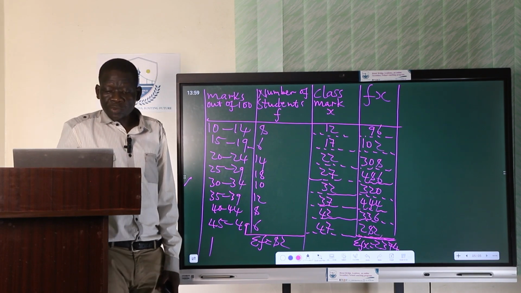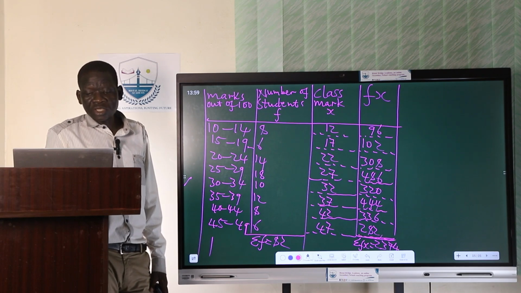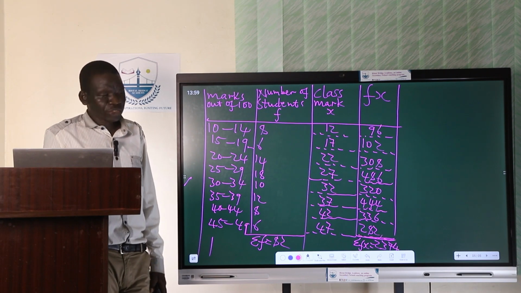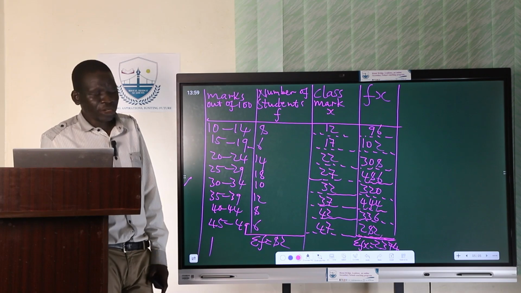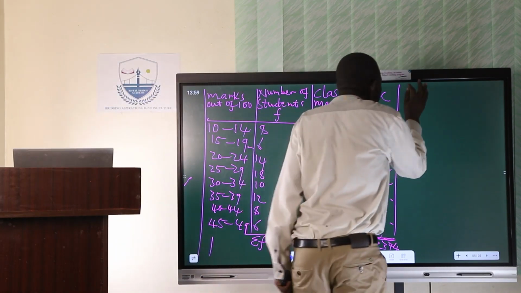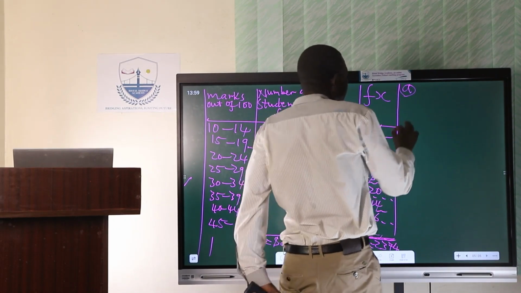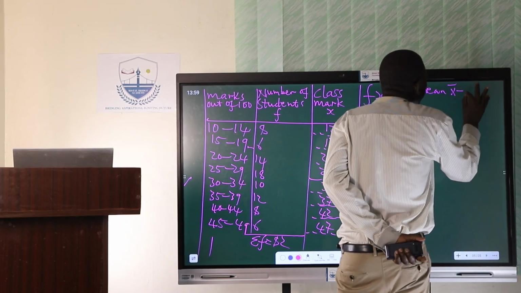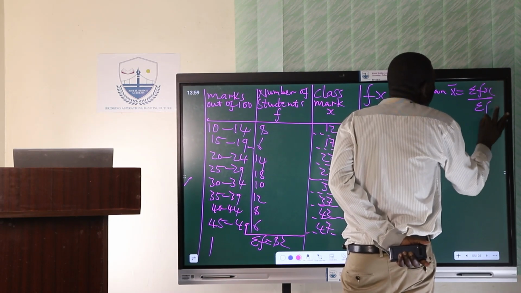So remember the question was saying copy and complete the table below. Hence calculate the mean mark and the mode for all the students. So from that table we have to calculate the mean mark. We have already completed the table. So to calculate the mean, we know that the mean, which is the x bar, is equal to summation of fx divided by summation of f.